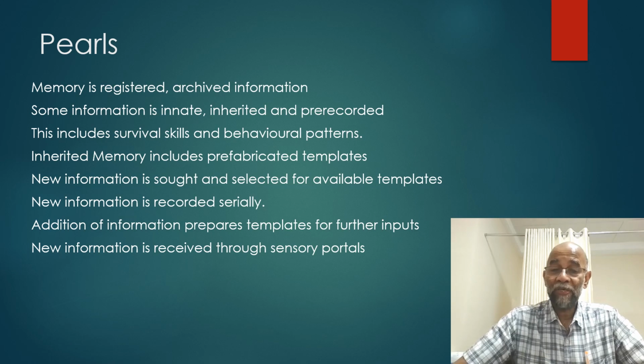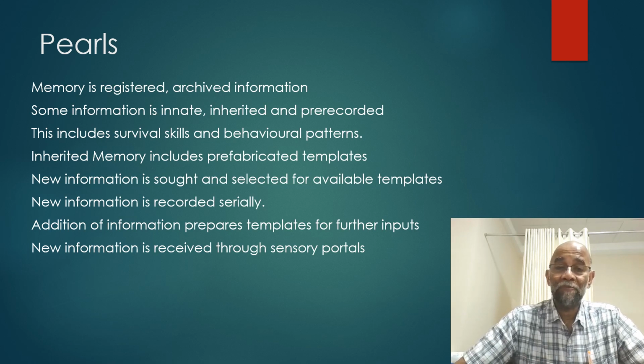Addition of information to a template prepares the template for further inputs. That is, acquisition of information is serial and sequential. New information is received through sensory portals, which keeps enriching available templates.